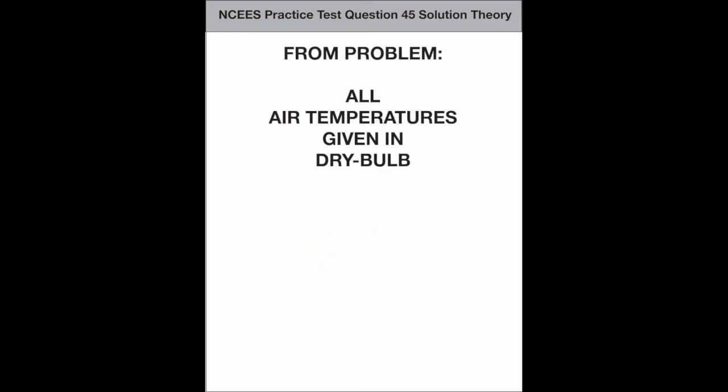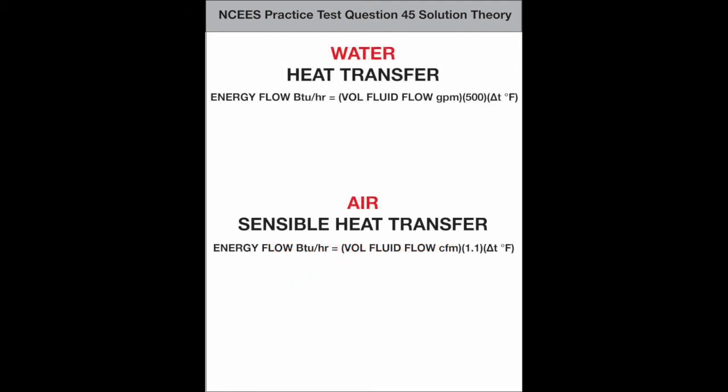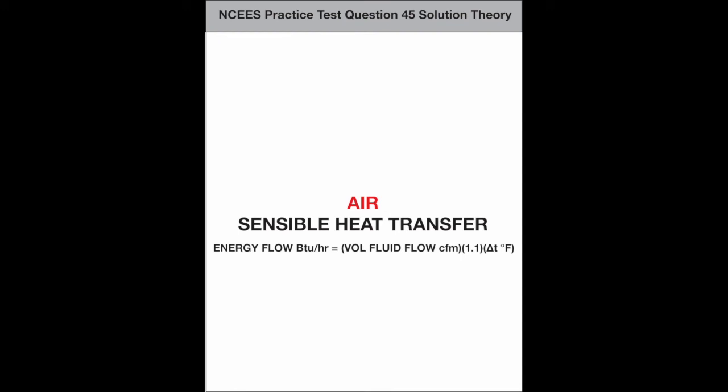All air temperature values are given in dry bulb. So use the sensible heat equation, which is only a slightly different version of the water heat transfer rate equation just used. You should have this memorized too.